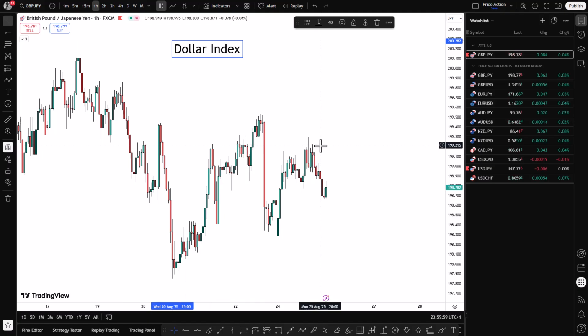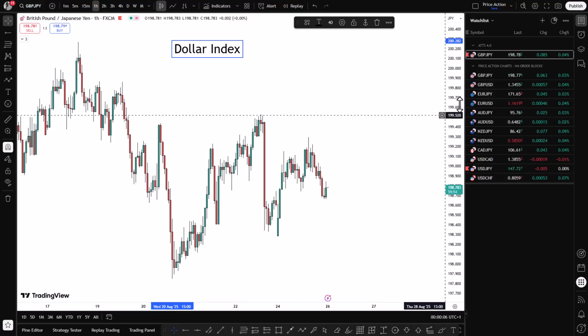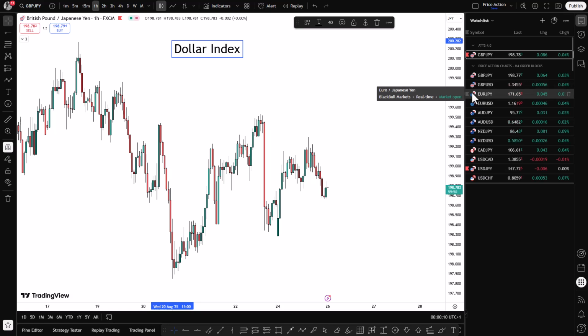But I kind of want you to understand the logic behind what it represents, okay? So the dollar index is kind of like taking all of these currency pairs that have the United States dollar as either the base currency or the quote currency in the pair, and then weighting them in one instrument to actually show the strength of the dollar or its weakness on a plain chart.